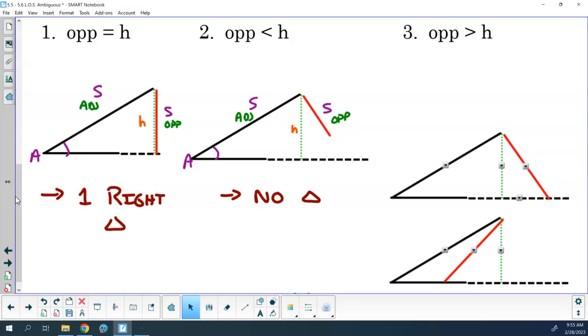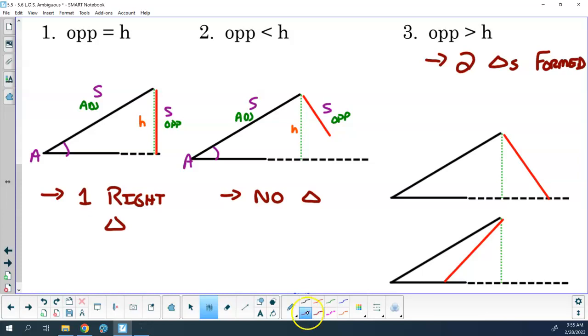If those 3 scenarios all work out for you, you get 2 triangles. I'll double color code these. Actually, they're already pretty much color coded. So then you'd have the side here, side there, height, height. This would be my adjacent side.